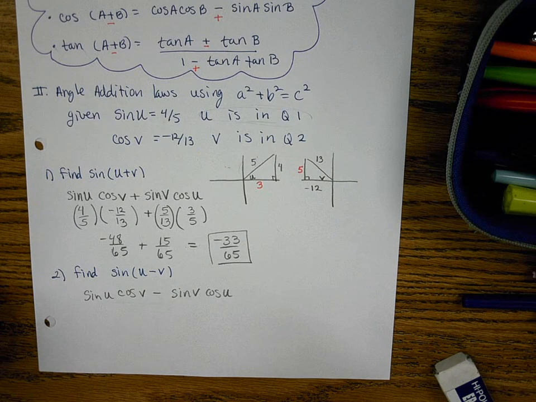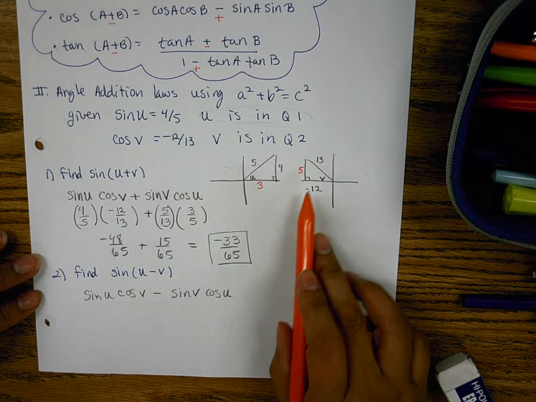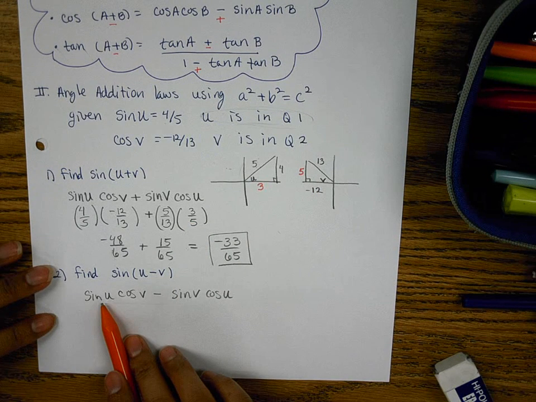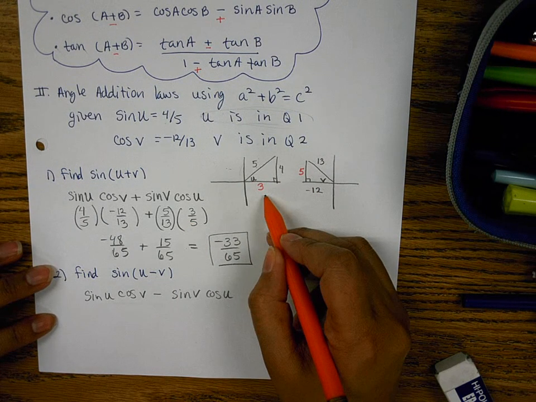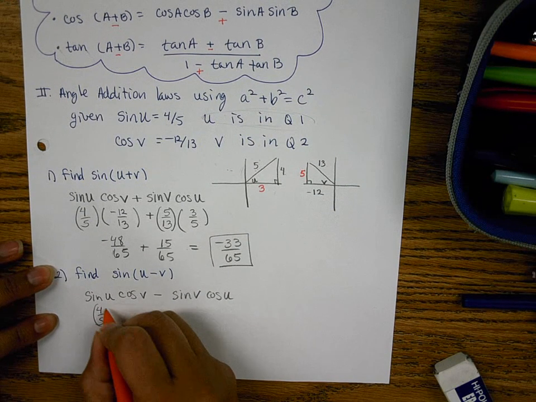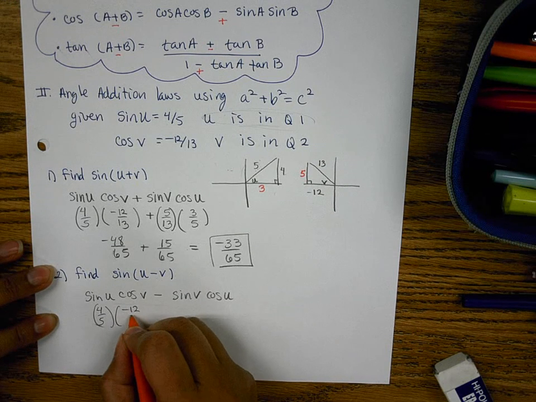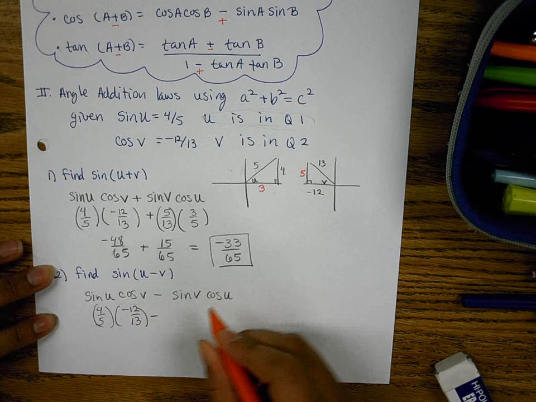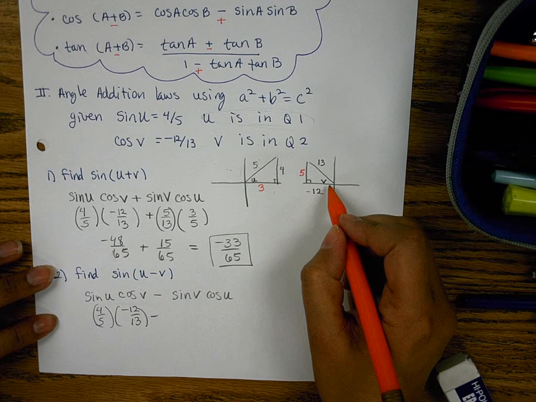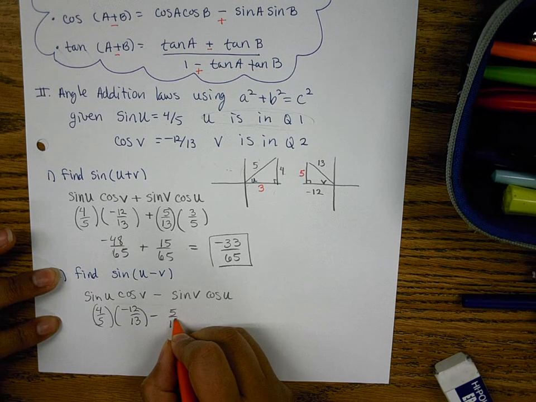Okay, you technically can use these same numbers here, or you can go back to your picture to get practice. Sine of U is 4/5. Cosine of V is negative 12 over 13. Sine of V, where's V? Here's V. Sine is going to be opposite over hypotenuse, 5 over 13.